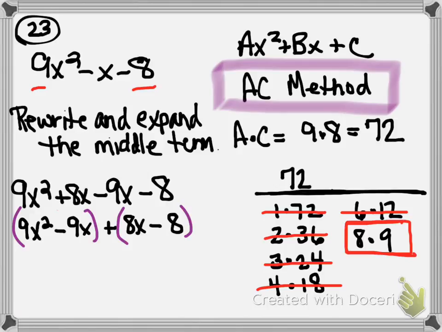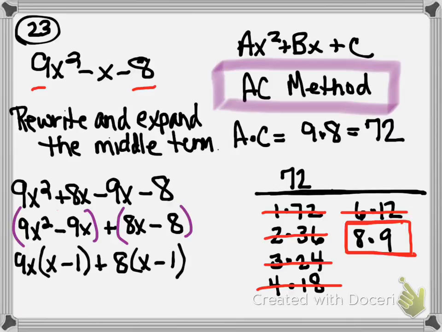And now I just want a common factor between those two. In the first set, I could take out a 9x, leaving me with x minus 1. On the second set, I could take out an 8, leaving me with x minus 1.